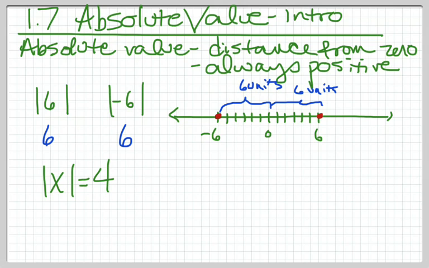So let's take some algebra with absolute value. What values are going to be 4 units from 0? The absolute value of what is equal to 4? The instructions are going to be solve and then graph it on the number line.